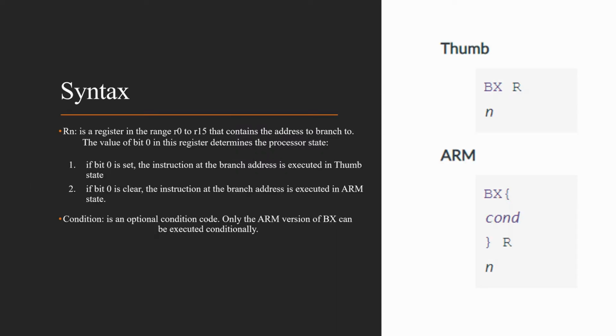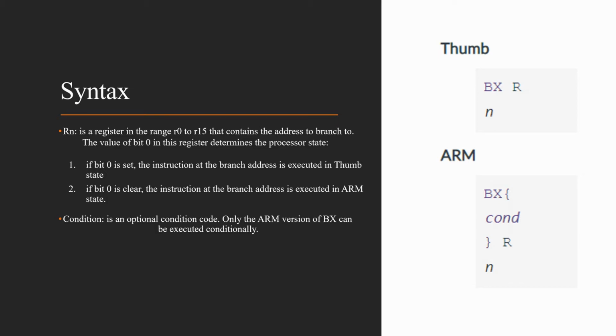For syntax, Rn is a register in the range R0 to R15 that contains the address to branch to. The value of bit 0 in this register determines the processor state.